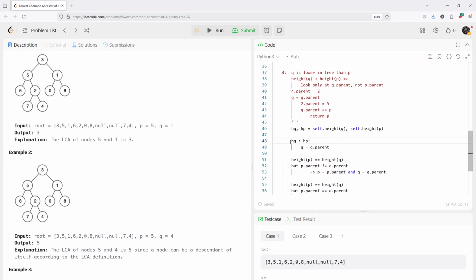You should have a while, and then you would decrease the height by 1. And then the opposite way as well, where P and Q are swapped.